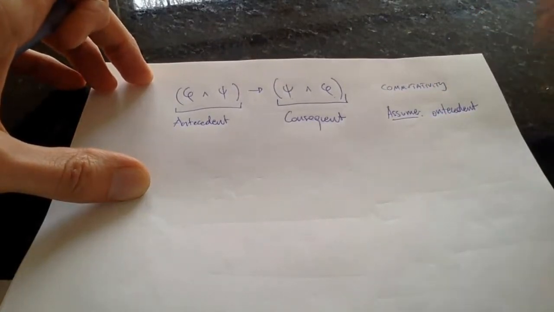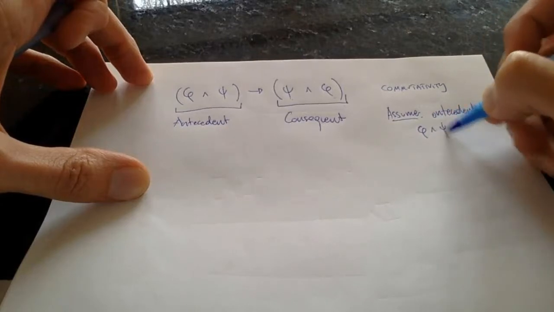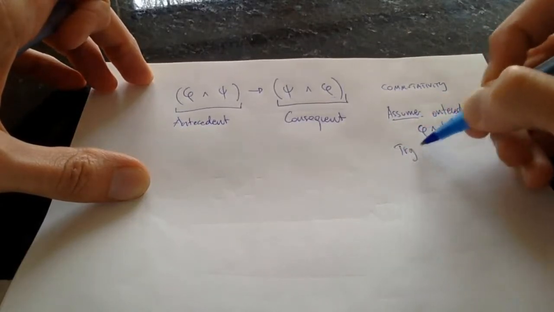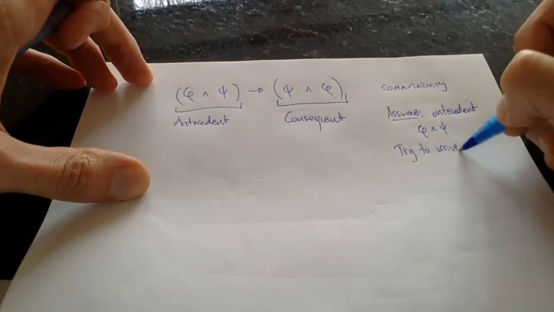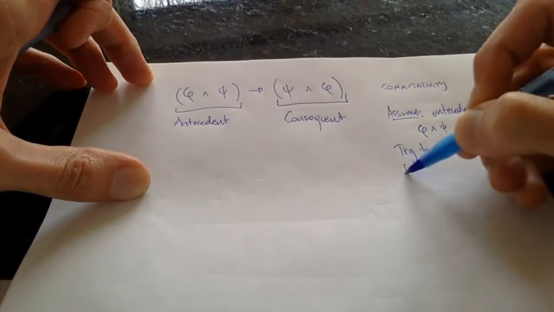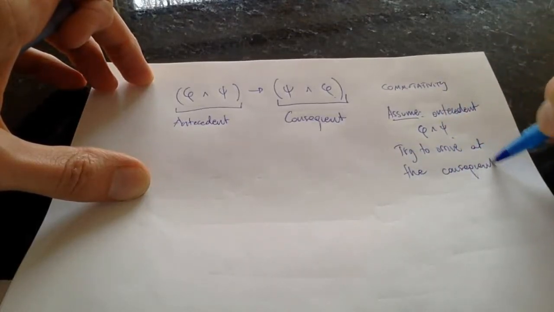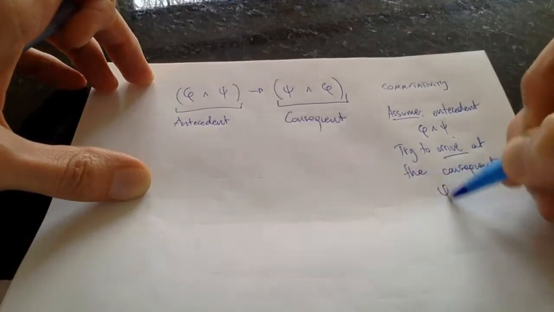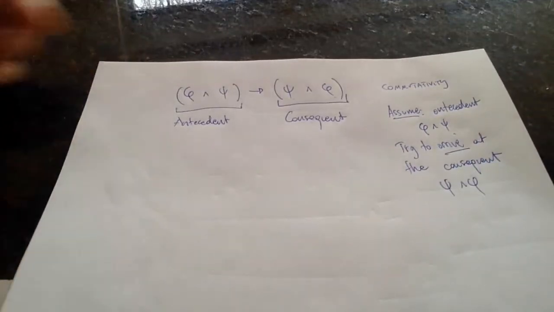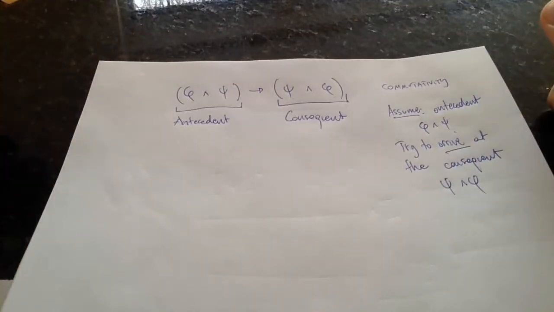So assume the antecedent, in this case phi and psi, and then try to arrive at the consequent, which in this case is psi and phi. Assume the antecedent, try to arrive at the consequent.